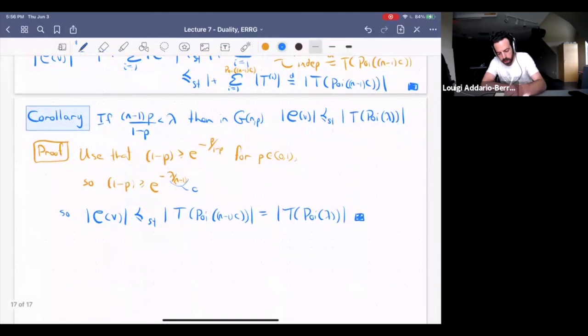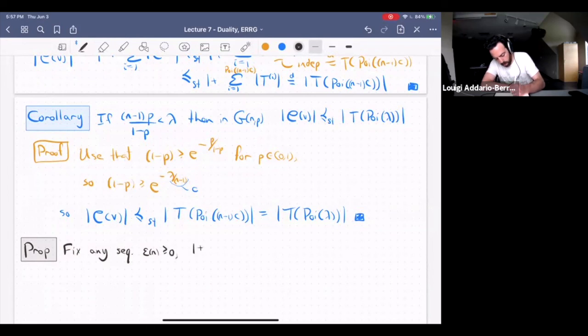And so now I'll close with the proposition I'd like to prove. I thought I'd get to it today, but I didn't. If we fix any sequence epsilon_n which is non-negative, so that 1 plus epsilon over n is at most 1, though I'm thinking of epsilon as small, but I don't actually need it for the proposition.